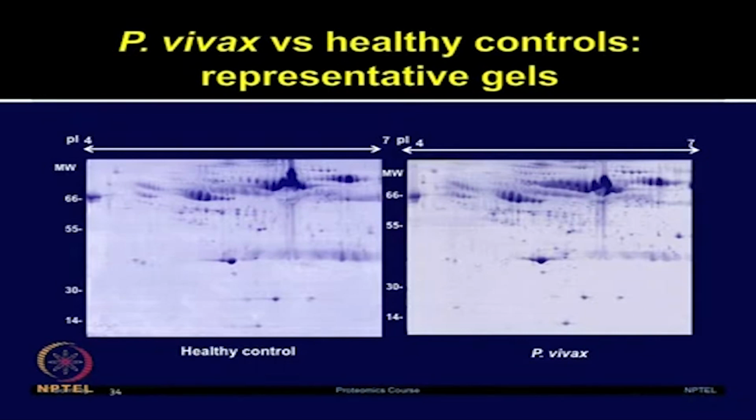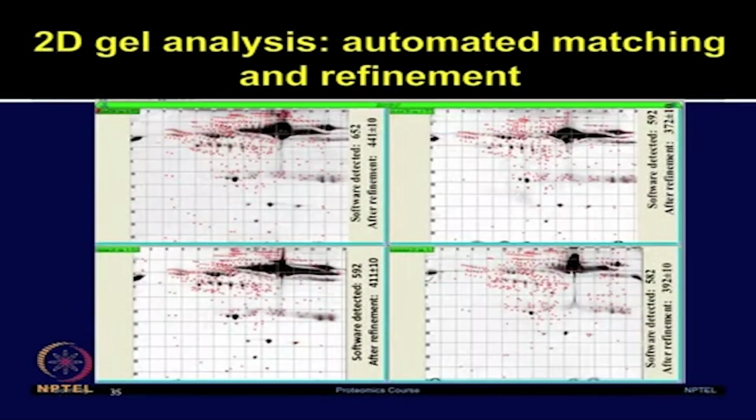As you can see, these samples showed a large number of protein spots resolved on these gels, and after separating these protein samples on 2D gels from various patients and controls, the most challenging task was the data analysis.